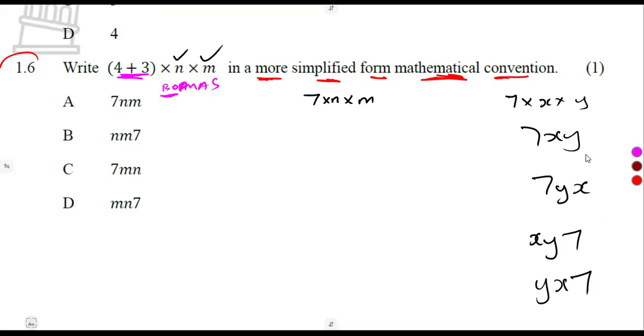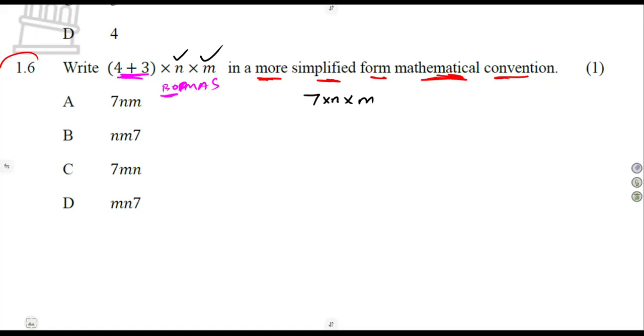All these answers are correct. But when the question is specifying to say, let it be more simplified, it means it is not just a simplification that they need, but it must be more reasonable in our mathematical presentation.